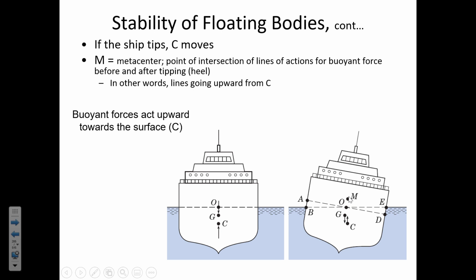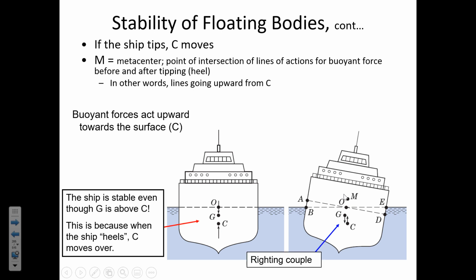So if we tip the boat back and forth, the metacenter is the point it's rotating about. It doesn't rotate about G, the center of gravity, but C, the buoyant force, is pushing up towards the metacenter. And so there's a new rule of whether or not the ship will turn over or not.